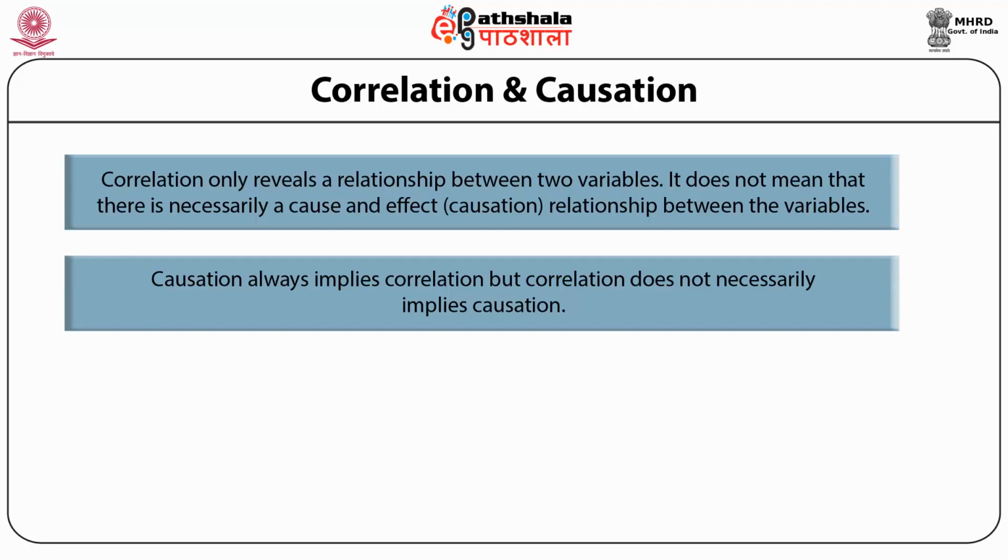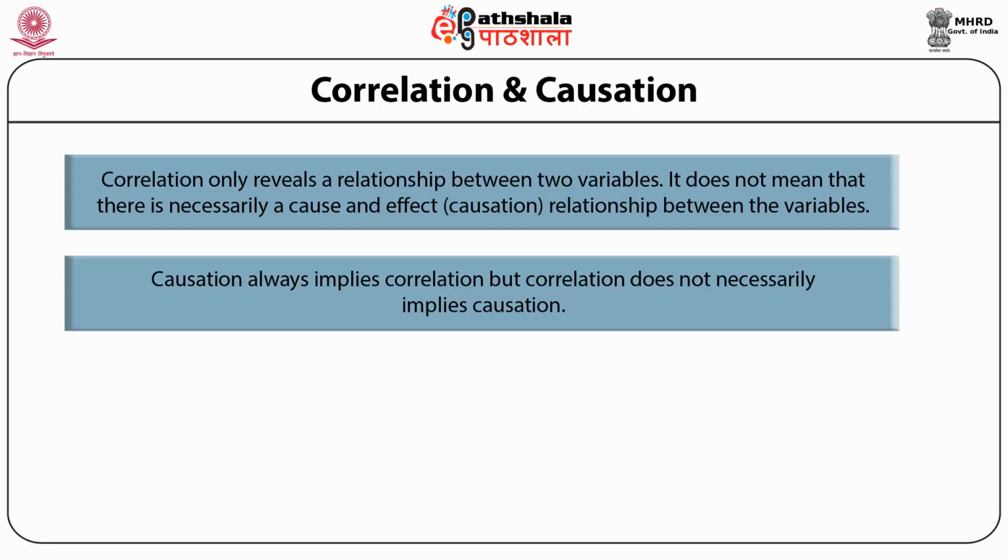Now if I interpret it that the salary of teachers, university professors, is the cause and the number of accidents is the effect, it makes no sense. And similarly, if I take the number of accidents as the cause and the salary of the teachers as the effect, it makes no sense.